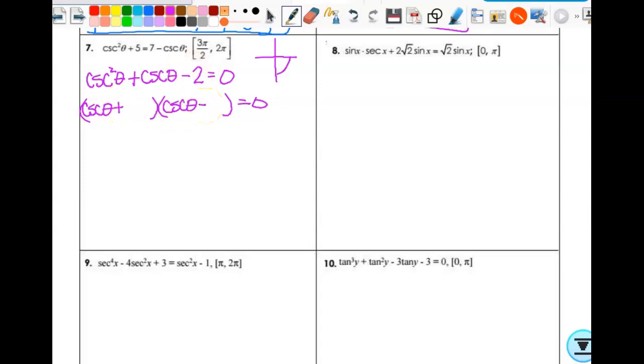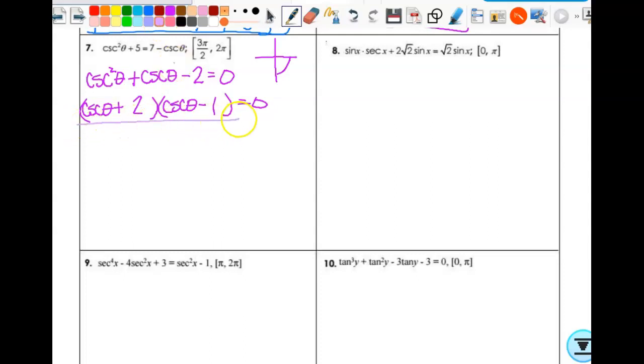So I need two numbers that multiply to give me negative 2 and add to give me a positive 1. Well, it's 1 and 2. Which one's positive? Because this is positive. The 2. And this is 1. Okay? And if you multiply it back together, you get what you had up there. Just pretend like the cosecant theta is x.